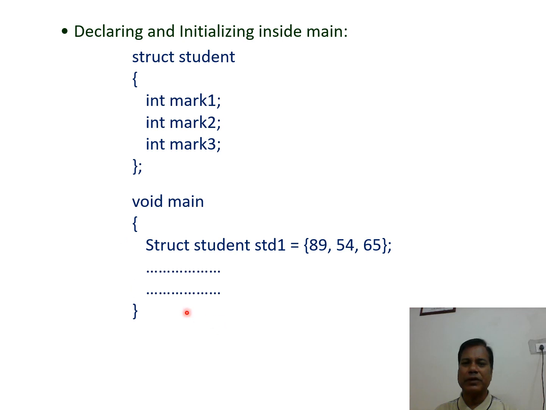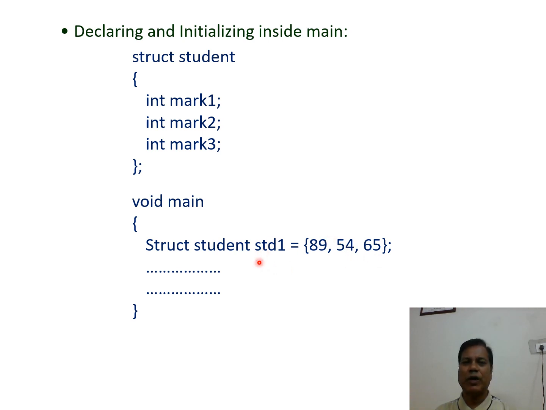Then in the main function, using the struct keyword and structure tag, we declare a structure variable std1 and simultaneously assign its values.